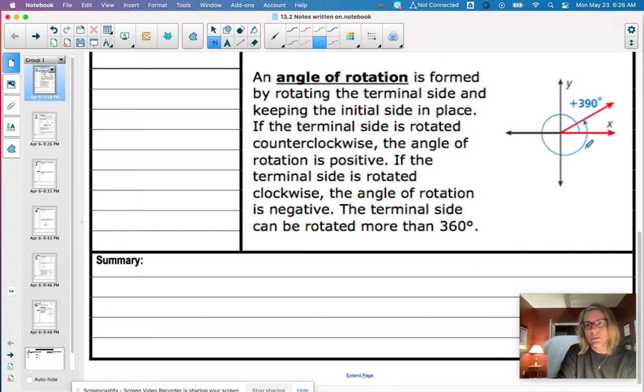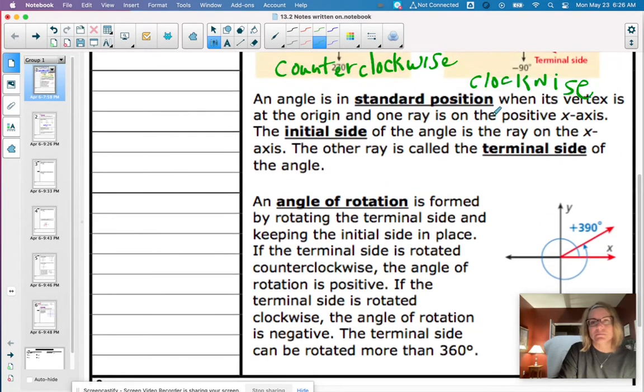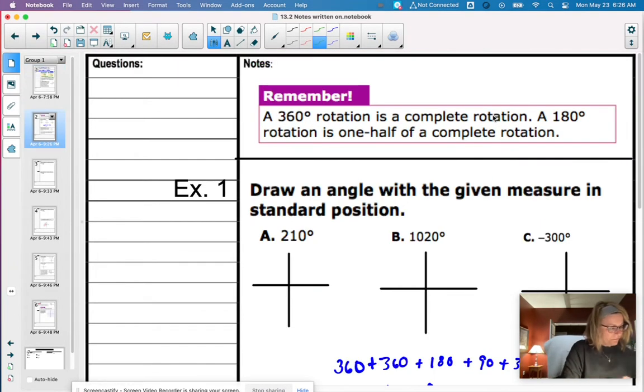We did a full 360 and went a little bit more to get our terminal side, so we traveled a full 390 degrees. A little tip: 360 degrees rotation is a complete rotation. 180 degree rotation is 1/2 of a complete rotation.